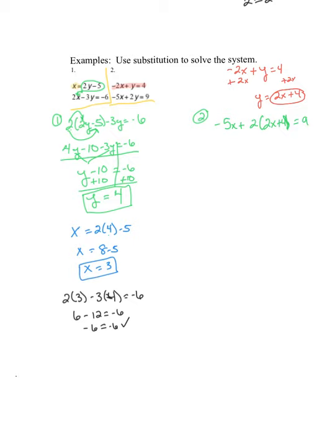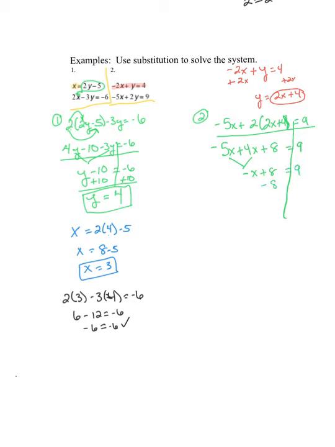Gotta let that one sink in. All right. Let's draw a T. Let's do some math. Negative 5x plus 4x plus 8 equals 9. Combine like terms. Negative x plus 8 equals 9.